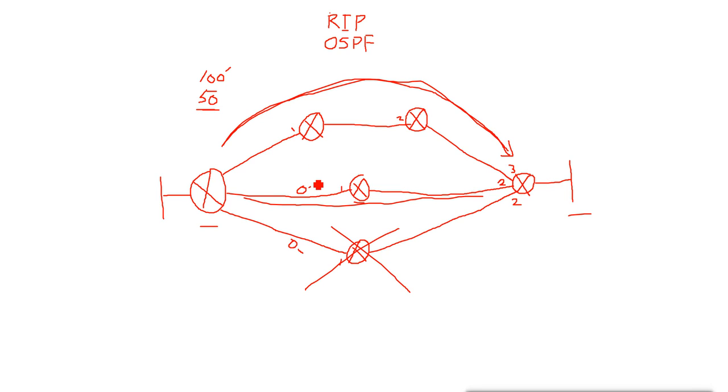Now how does it do the load balancing? This is the fast one, the link which has 50. It will send one packet to the slow link, because both links are not equal. This link is double as fast, it is double of this slow link.